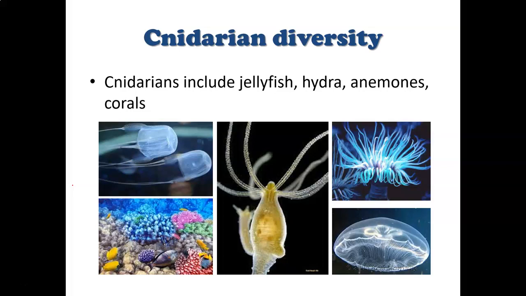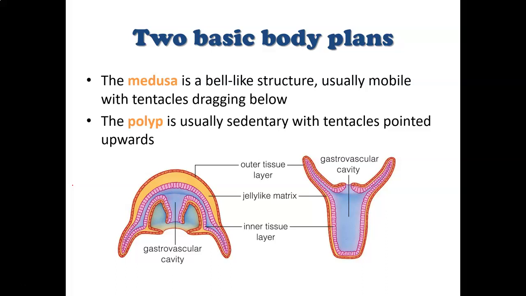So the box jellies over here on the top left, as you can see, those tentacles are extremely dangerous. Other things like anemones or some other types of jellies, not particularly dangerous. But they all have those stinging cells. There's two basic body plans that you'll see within the cnidarians. Tentacles up, like an anemone, is called a polyp, or tentacles down, like a jellyfish, is called a medusa.